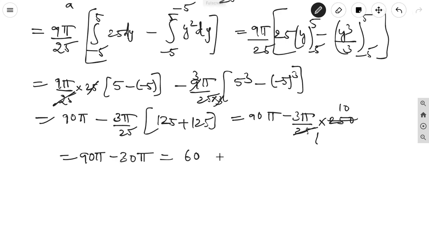It is equal to 90 pi minus 30 pi, which is 60 pi cubic units.